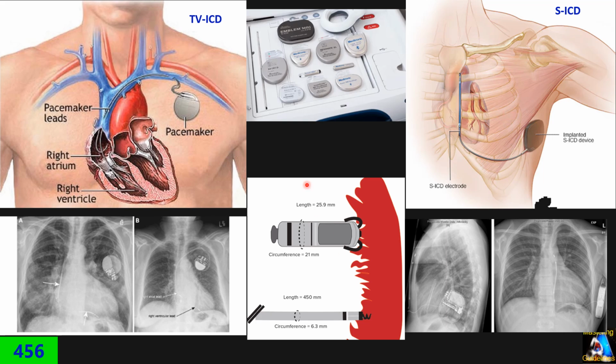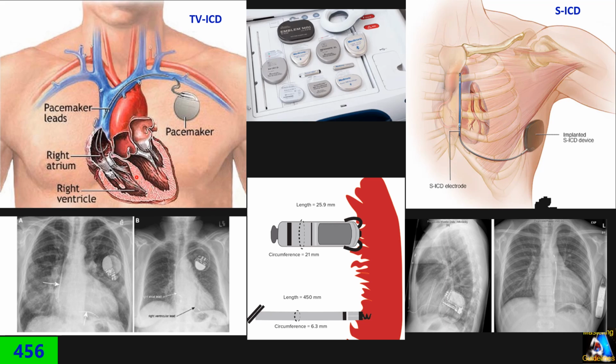As you know, the location for the tip of the lead or wire is somewhere between the apex of the right ventricle to the one third, or even sometimes a little more proximal, of the interventricular septum.